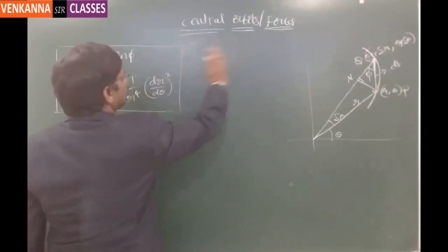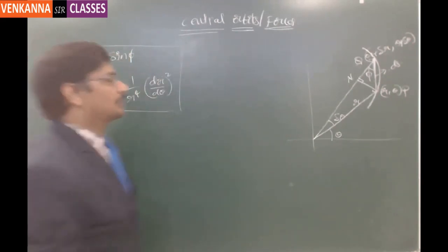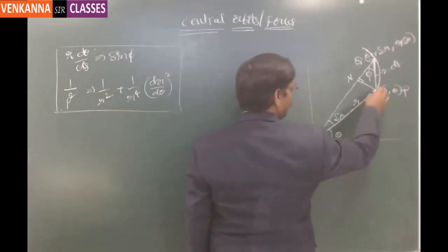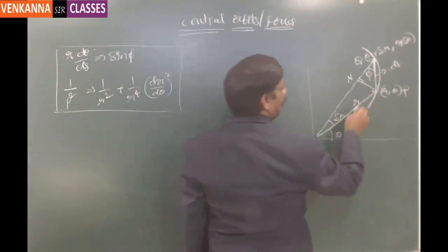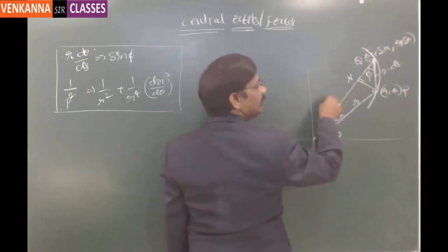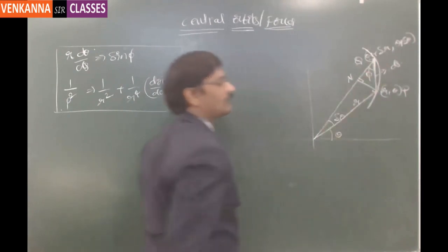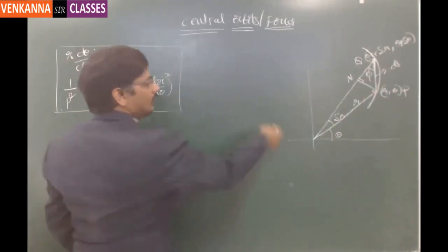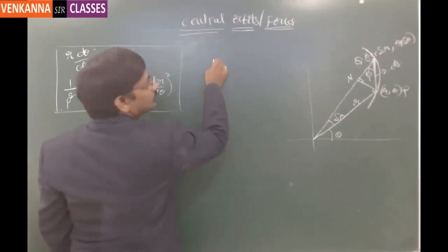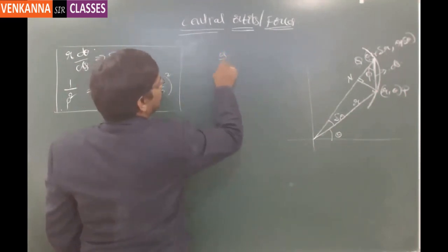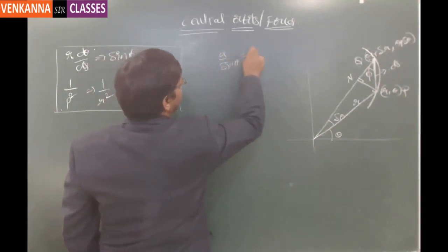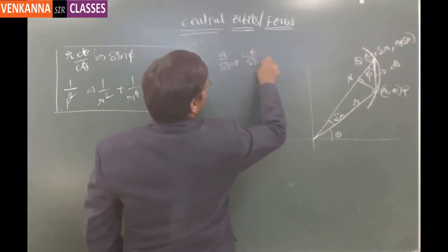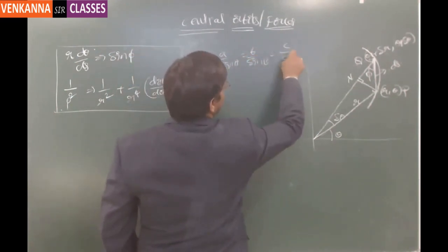first let us prove the first relation. So for this, this is r and this is r plus delta r and this is ds. If I apply the sine rule, the sine rule says a by sine a equals b by sine b equals c by sine c for any triangle.